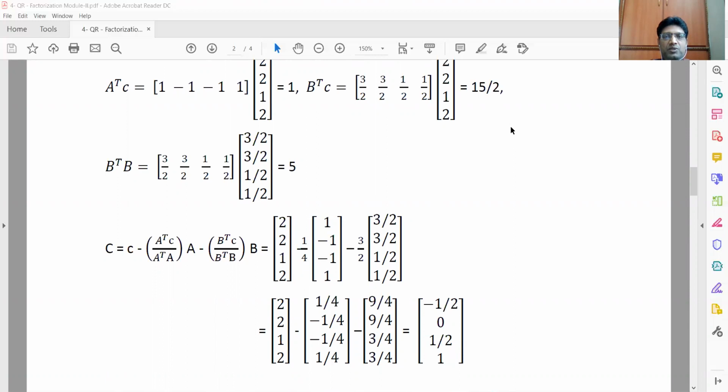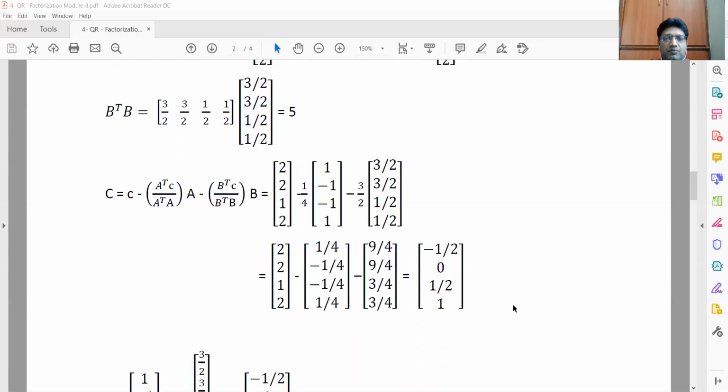So 15 by 2 by 5 means 3 by 2 times B. If I simplify this, I will get minus 1 by 2, 0, 1 by 2, 1. So this is our C.